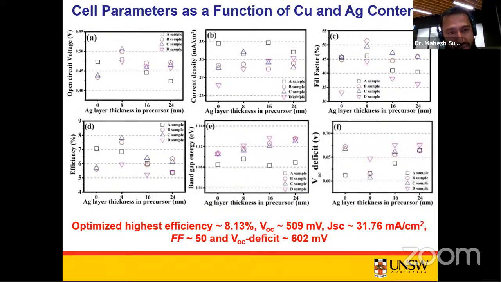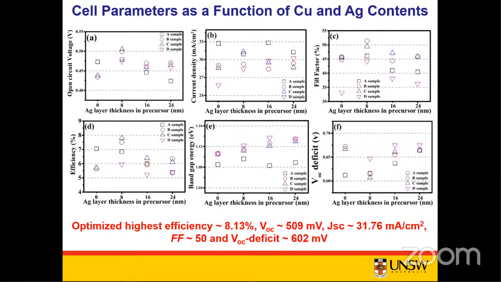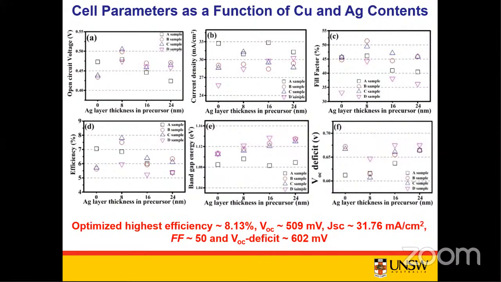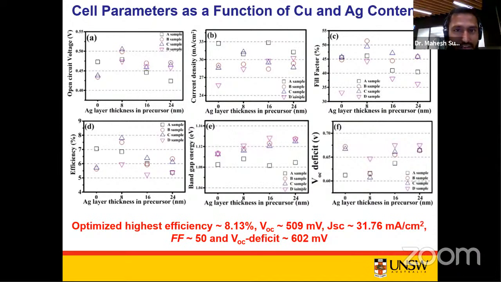There is nothing wrong in trying the gold or the platinum. Of course, you should understand that they usually passivate, like gold or the platinum will passivate. But again, our aim is to make the earth abundant compound thin film solar cell. So it doesn't make sense to use the gold or the platinum.